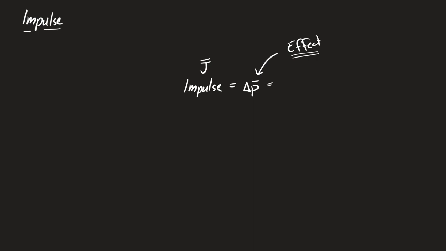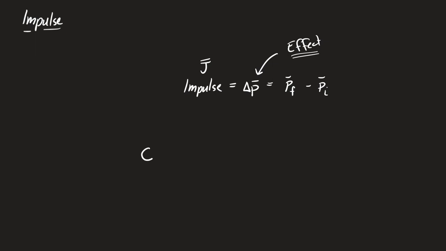It's specifically the final state minus the initial state. I don't care what happened in the middle to cause it. The impulse is just the final minus the initial. But be careful. The direction of impulse is in the fact that it's a change in momentum.